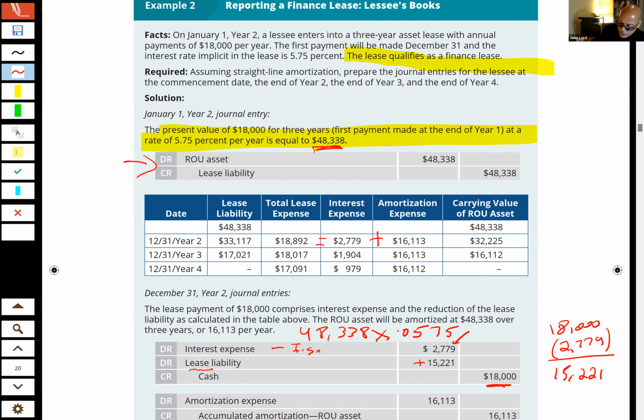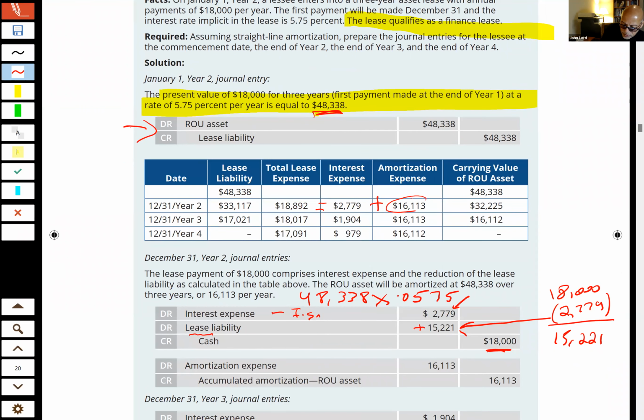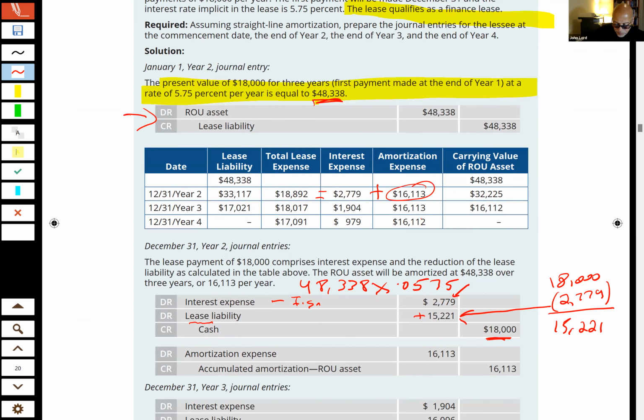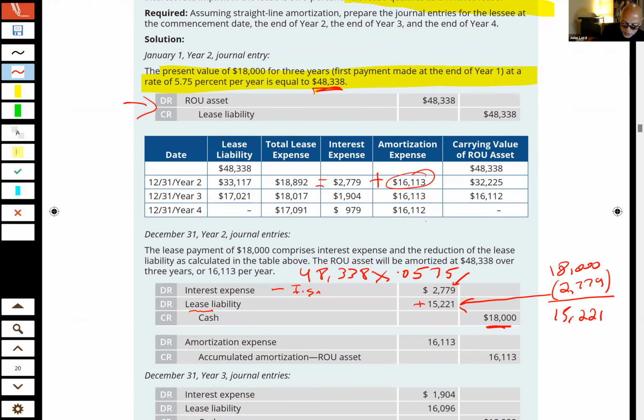But then I have to depreciate the asset. When I depreciate the asset, the amortization expense, I do it like you would do any calculation. They tell me that asset is going to be amortized over what?